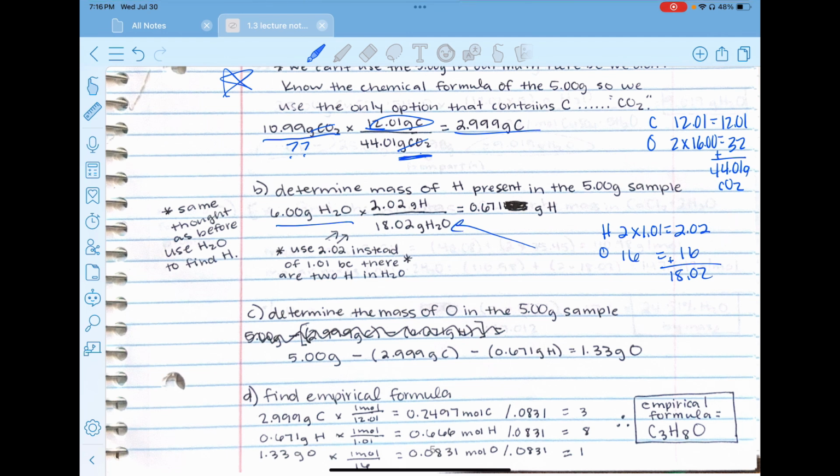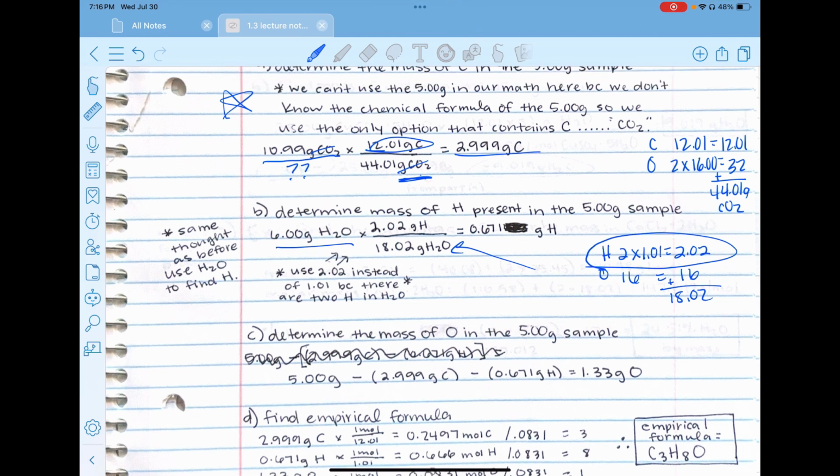Notice the top. Why is it 2.02 for hydrogen instead of 1.01? The periodic table says 1.01. Well, I want to know the ratio of hydrogen in the sample of H2O. So that contains 2 hydrogens, so that makes a difference. Be careful. We didn't have that before because when we were dealing with CO2 in the previous problem, there's only 1 carbon in CO2.